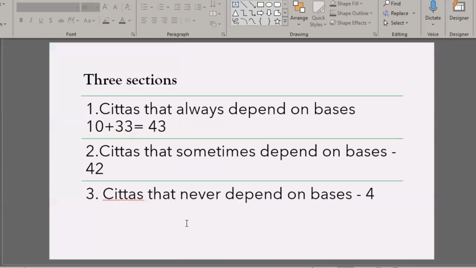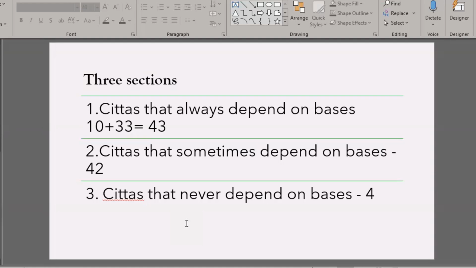Okay. If so, here we have to pay attention to 3 sections. What are they? Chittas that always depend on bases. You can see the number 10 plus 33, 43. Later we will classify what those chittas are. Then number 2, chittas that sometimes depend on bases. There are 42.